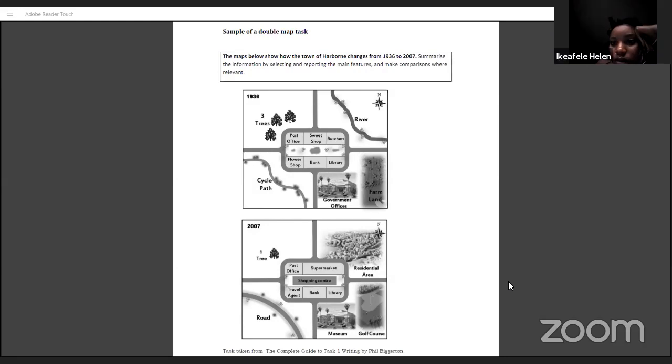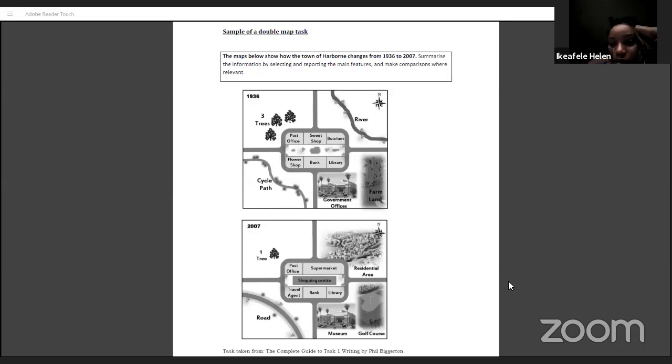Go ahead. I would say in 2007, the first tree here is located in the northeast.